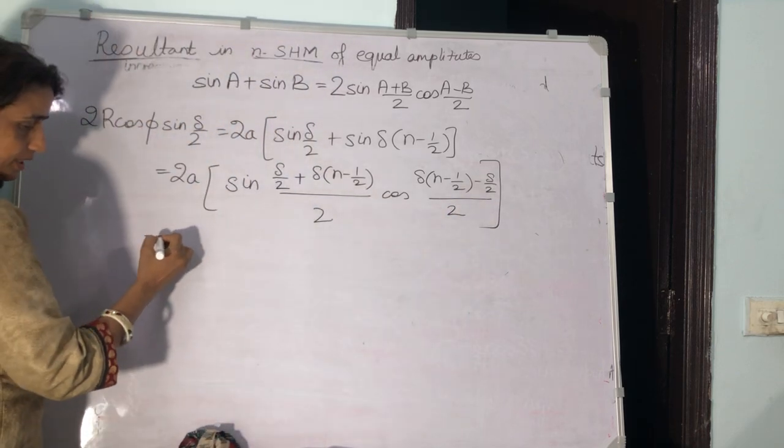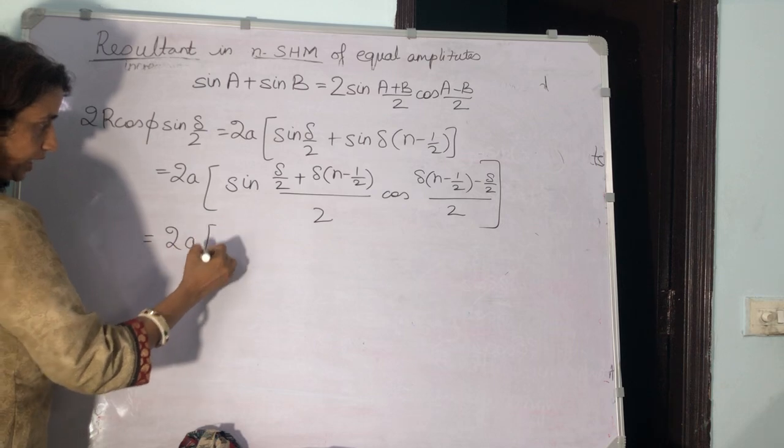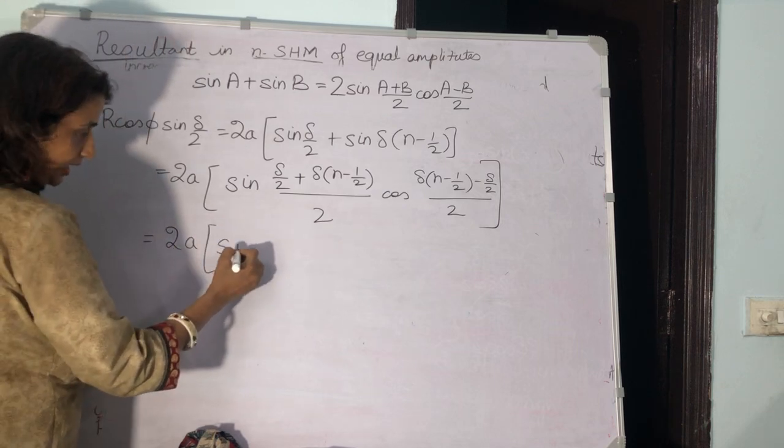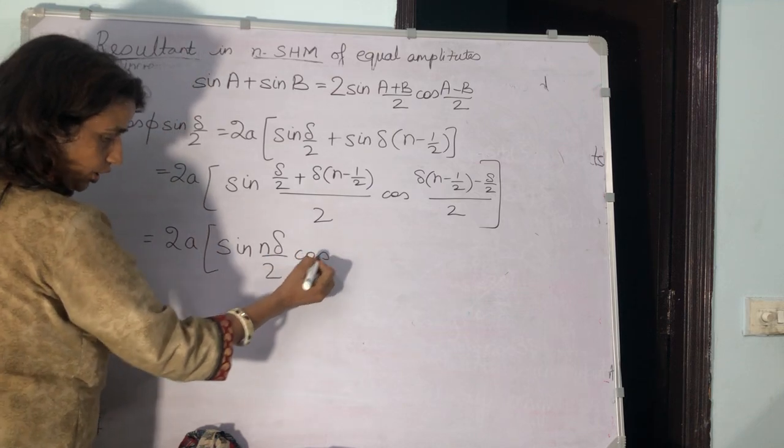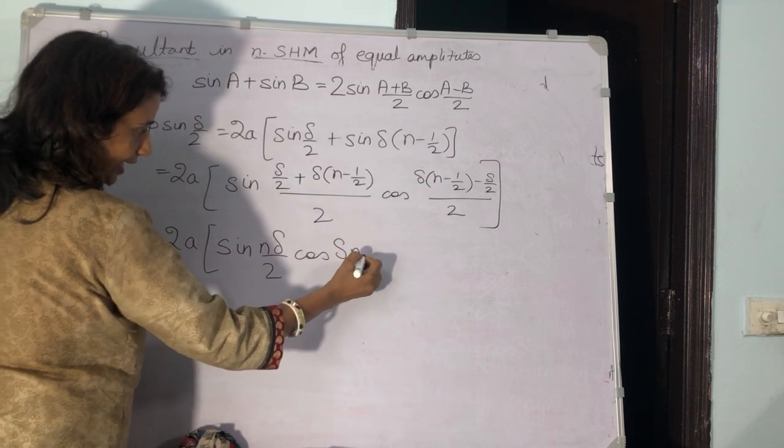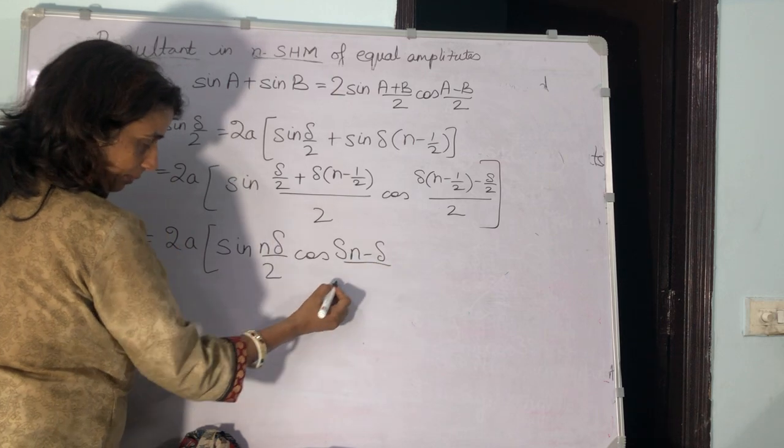So this becomes equal to 2a into sin n del by 2 cos del n minus del by 2.